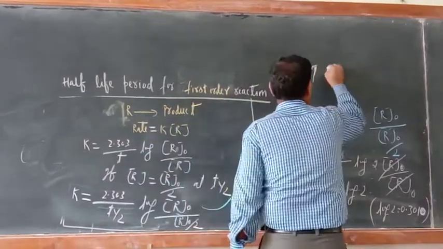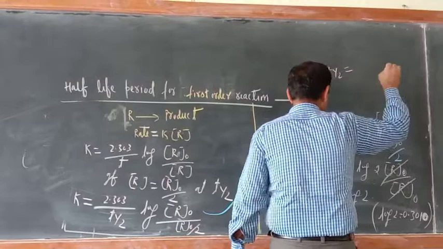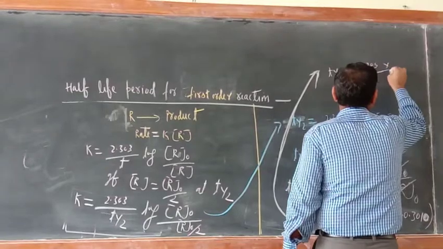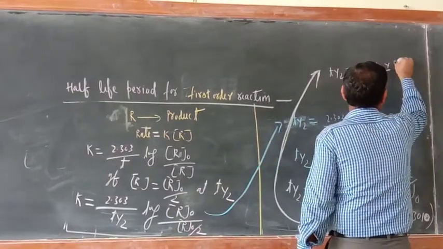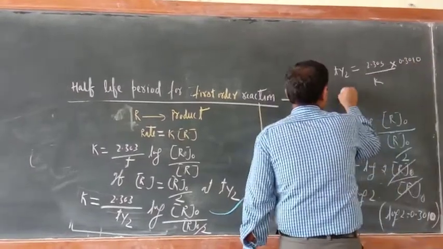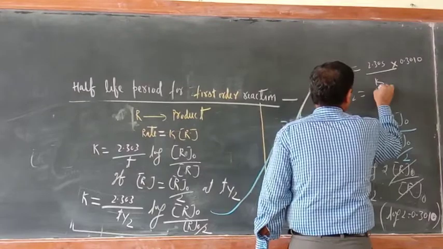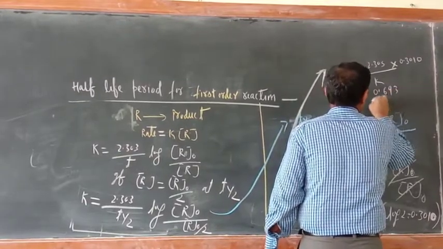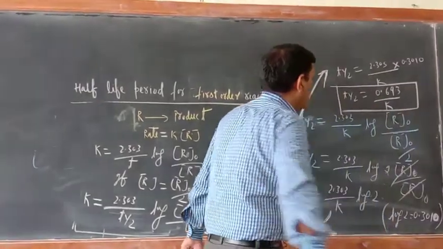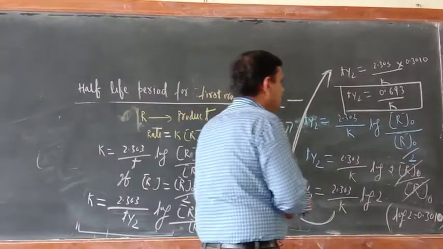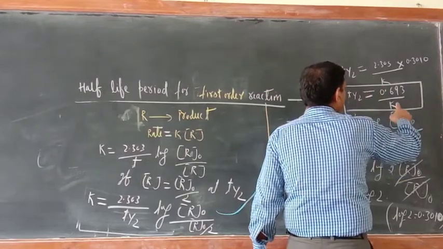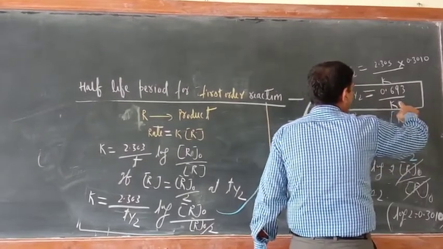So t half equal to 2.303 divided by k into log 2 value, 0.3010. So t half equal to 0.693 divided by k. This is half-life period for first order reaction.